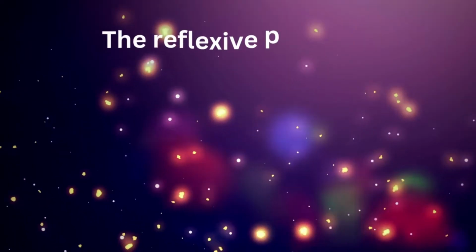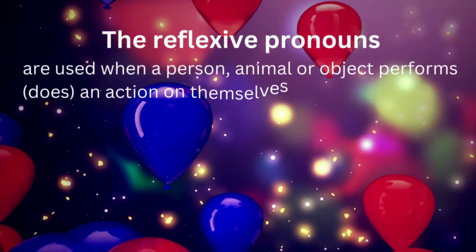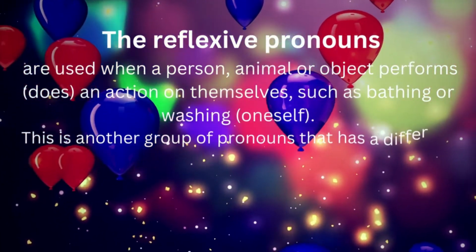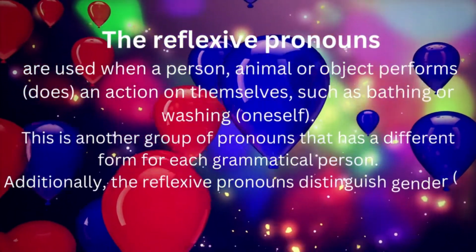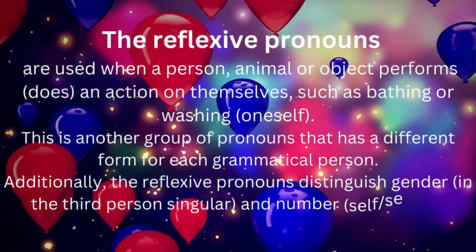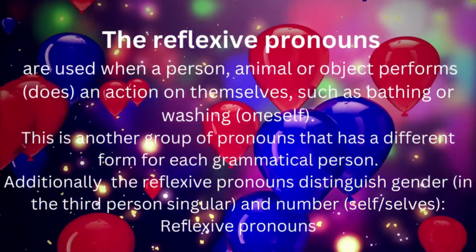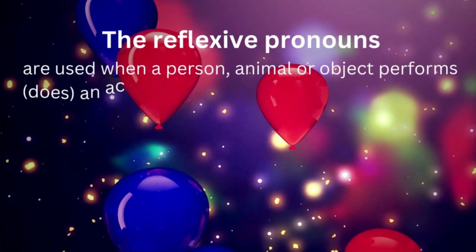This is another group of pronouns that has a different form for each grammatical person. Say, for example, myself, yourself, himself, herself, itself, ourselves, yourselves, and themselves. So you can always read them and use them in different ways.